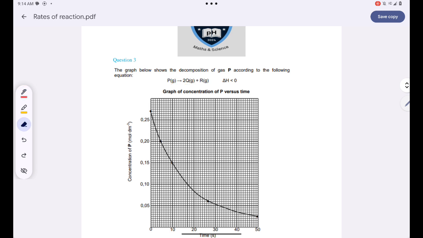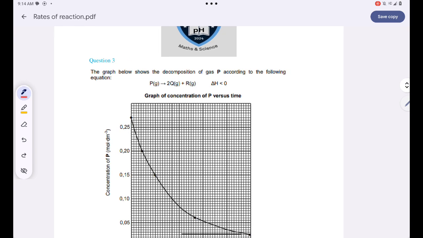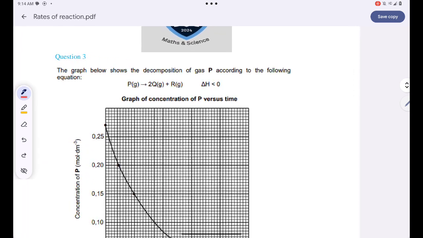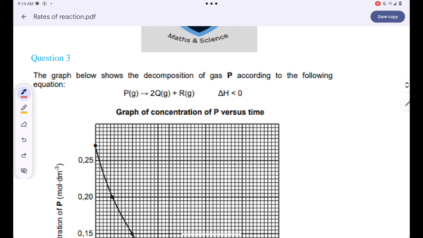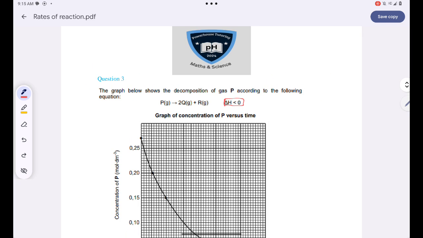And our forward reaction, the decomposition reaction of P, is exothermic, and I'm saying that it's exothermic because the change in enthalpy is less than zero. Are you together? If my enthalpy was greater than zero, I was going to say this reaction is endothermic, but since it's less than zero, that's why it is exothermic.